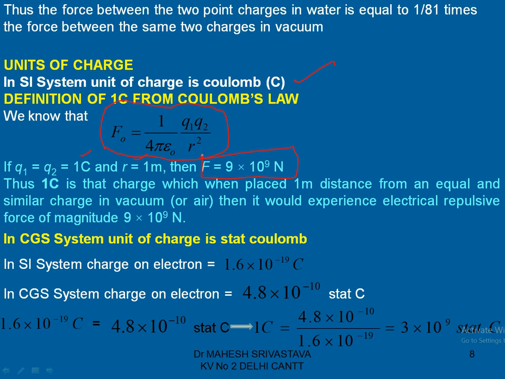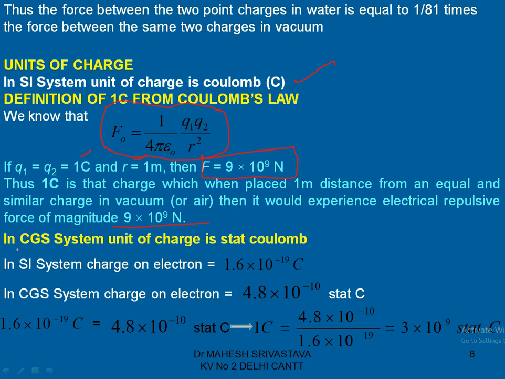So from here we can easily define 1 coulomb charge as that charge which when placed at 1 meter distance from an equal and similar charge in vacuum would experience an electrical repulsive force of magnitude 9 into 10 to the power 9 Newton. So this is the definition of 1 coulomb.